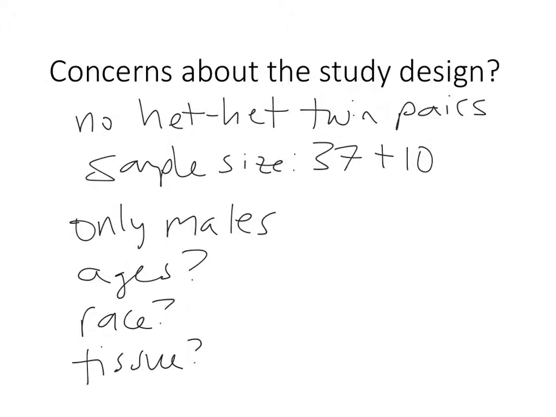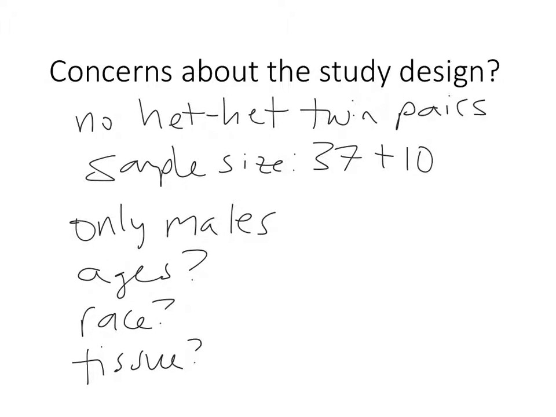One issue that was raised by others was, what does saliva have to do with sexual preference? The epigenetic marks in the DNA in your saliva might not have anything to do with epigenetic marks elsewhere in your body that might be more important in controlling sexual preference, like maybe in your brain. Different parts of your body can have different epigenetic marks. So who cares whether or not your DNA in your saliva is methylated, for example, if that's not the part of your body that's controlling sexual preference?